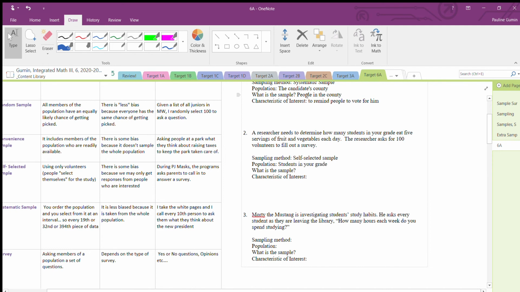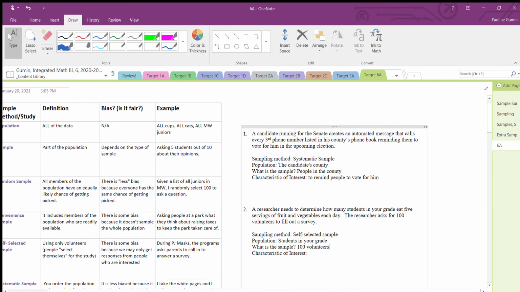Oh, I need to correct something in that first one, but we'll do that after. Okay. The sample is 100 volunteers. I got carried away with number 1 and meant to write in the sample every third person. I didn't get detailed enough in number 1.